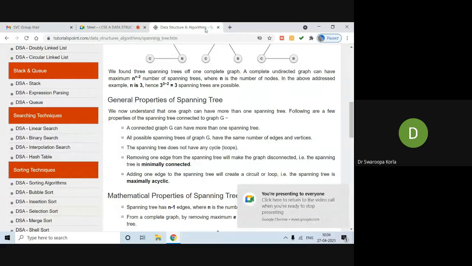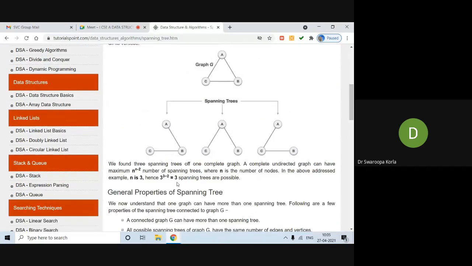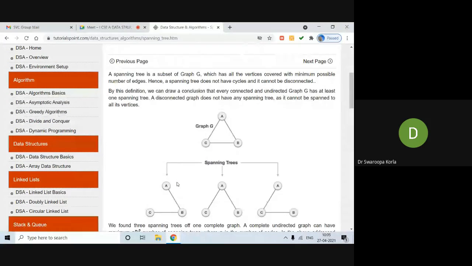These are a few properties of a spanning tree. When we are solving problems of minimum spanning trees, you will understand these properties practically. Let us recollect: a spanning tree is a subset of graph Z which covers all vertices with the minimum possible number of edges. A very important thing is that a spanning tree does not have cycles.